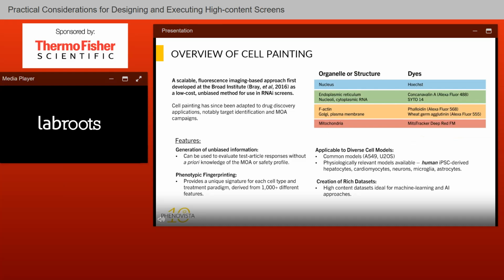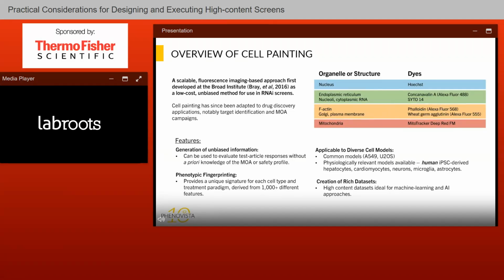So essentially, cell painting uses a combination of relatively cheap, easy to apply dyes that demark the major compartments of cells. And like I said, this reduces the labor involved with doing hundreds and hundreds of plates. If you want to do that, it makes it a lot easier to scale.